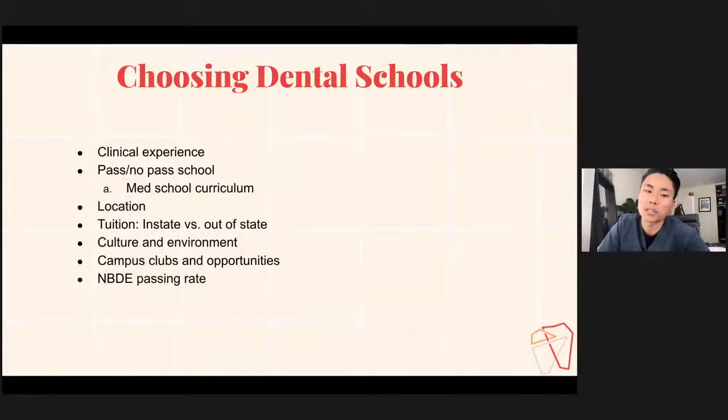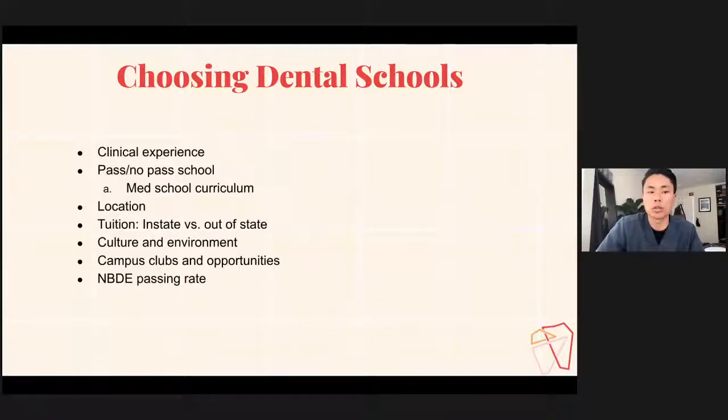But some things to really consider when you are applying: you want to look at their clinical experience. If you do plan on being a general practitioner or a general dentist, you really want to see how well that dental school prepares you to move on to clinic. And I think that's super important, because you're investing in yourself and your career.